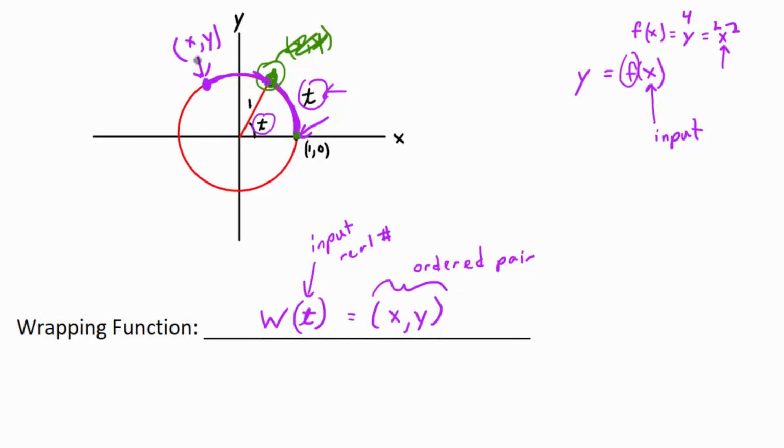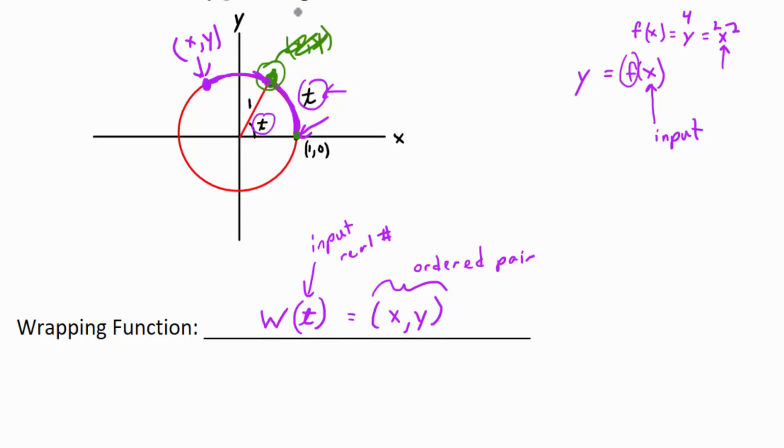Yeah. Oh, the question may come up, why do we call it the wrapping function? Well, you see that arc length in purple there? If you straighten it out, it could be like the number line, right? So the idea is this.